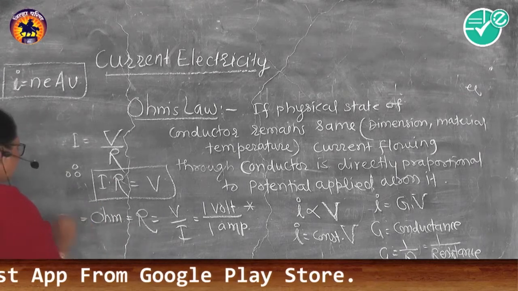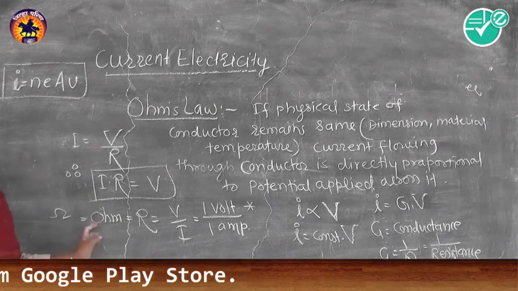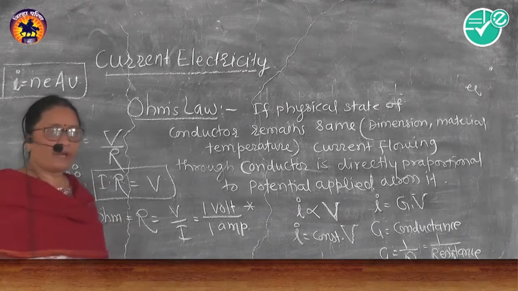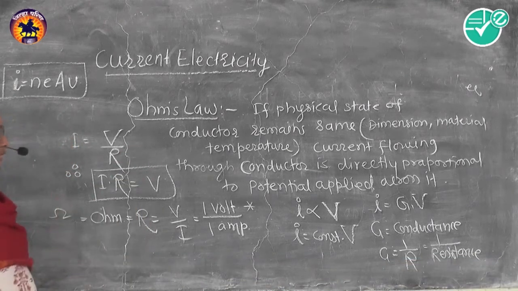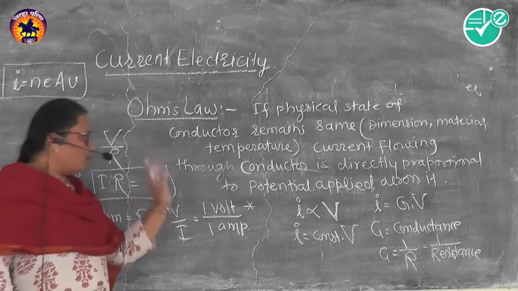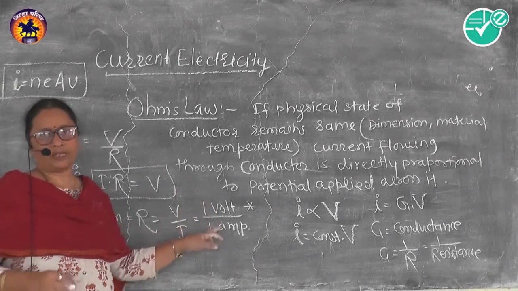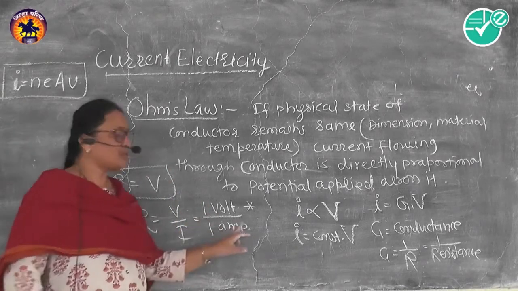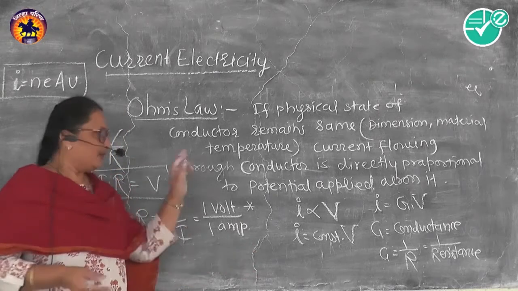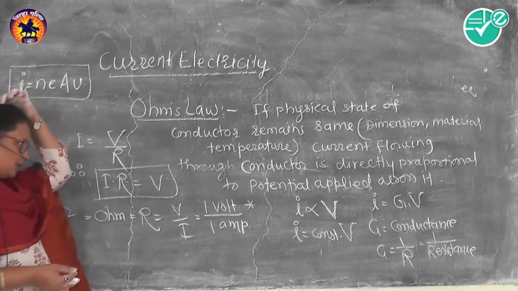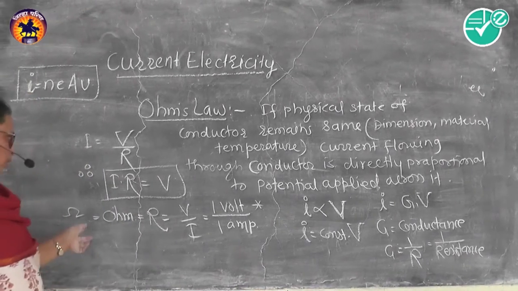It is symbolically represented as this. Now we can define what is meant by 1 ohm resistance: if we apply 1 volt potential difference across any conductor and it produces 1 ampere current in it, then the resistance provided by that conductor is considered to be 1 ohm.